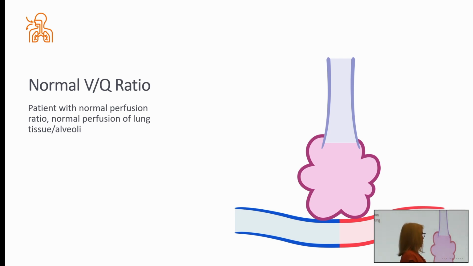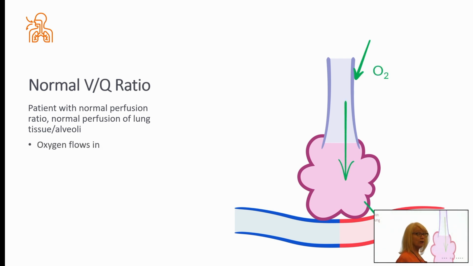And let's take a look for reference how normal, healthy lungs should look and how they should work. So presumably most of us have normal ventilation perfusion. When we breathe in, we bring in air and oxygen. It goes to our alveoli and diffuses into our bloodstream so that we can oxygenate ourselves. CO2 takes a reverse course. Our CO2 goes from our bloodstream into our lungs, and we release it when we exhale.